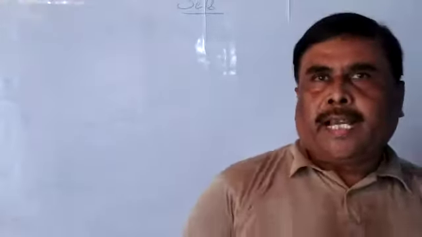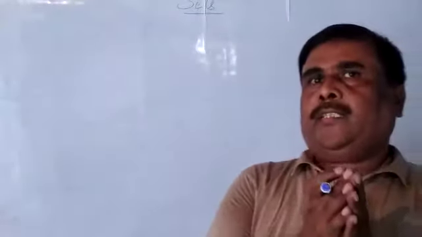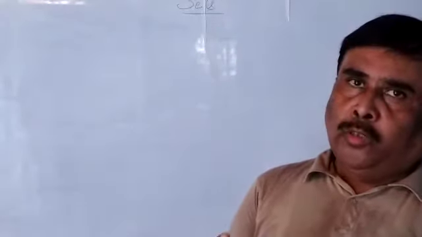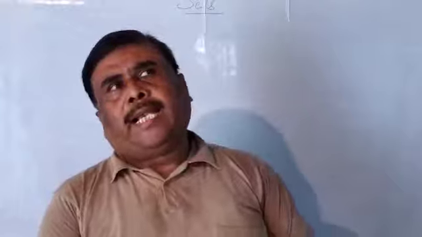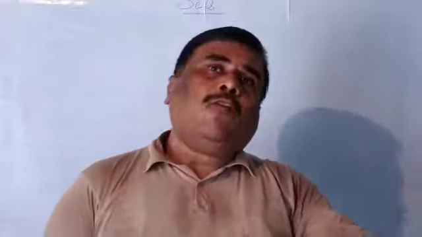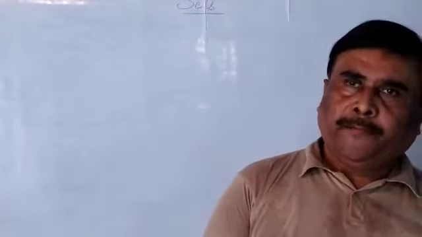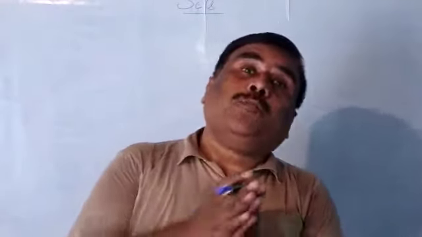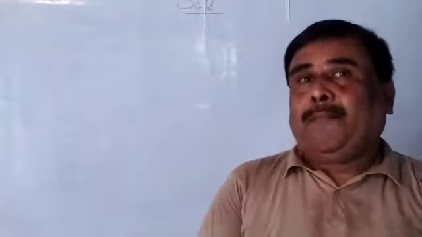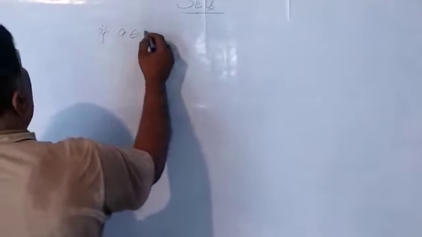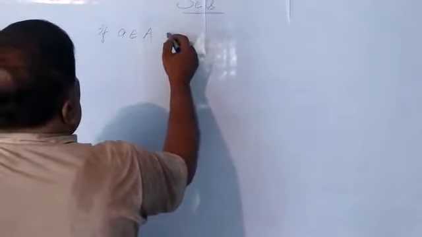Here we studied that if A is a subset of B, it means each and every element of A also belongs to B. It is possible that the elements of B may or may not be present in A. If each and every element of B is also present in A, then what happens?